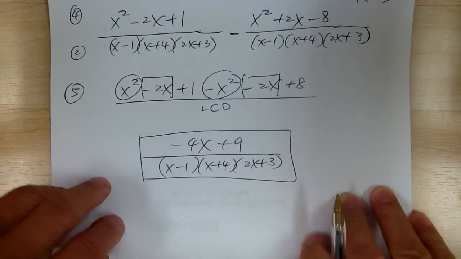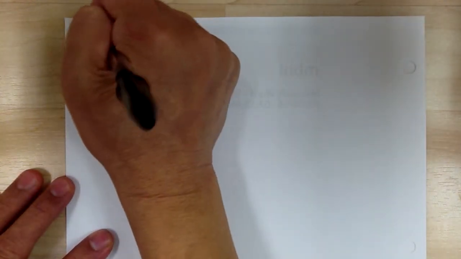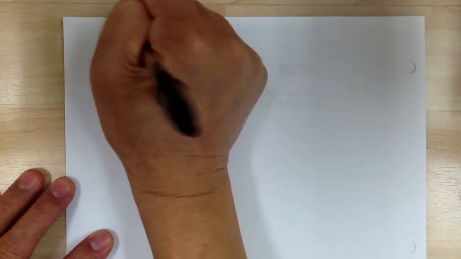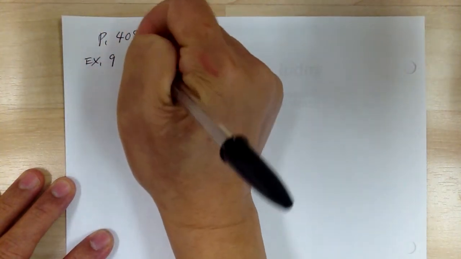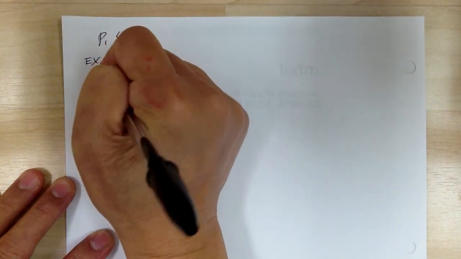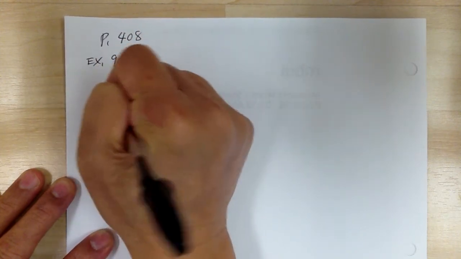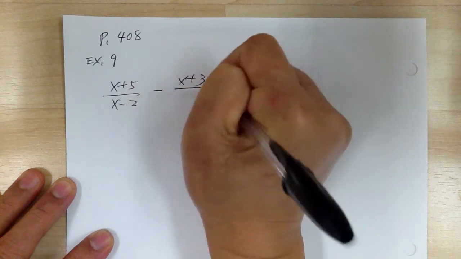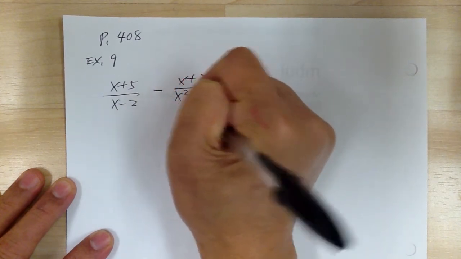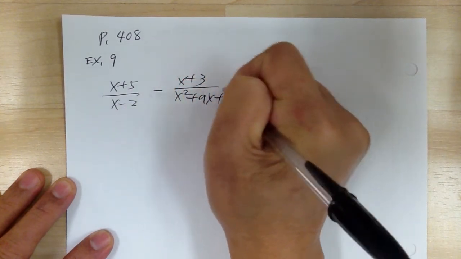Now let's go to example 9. Example 9, you have x plus 5, x minus 2, minus x plus 3 over x squared plus 9x plus 20.